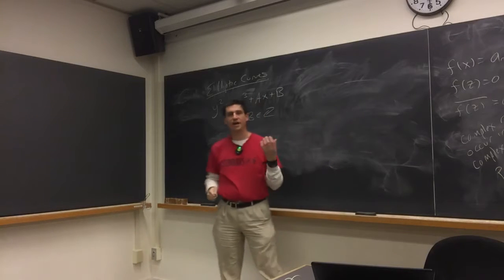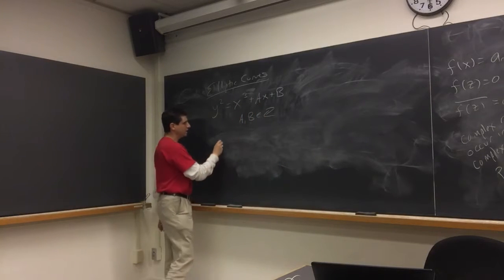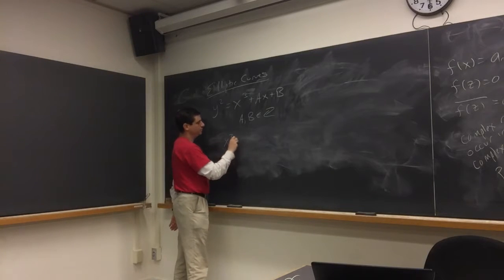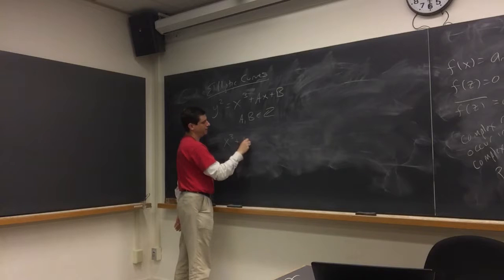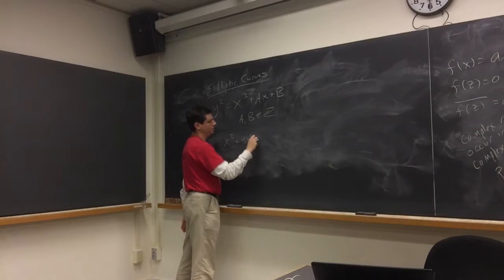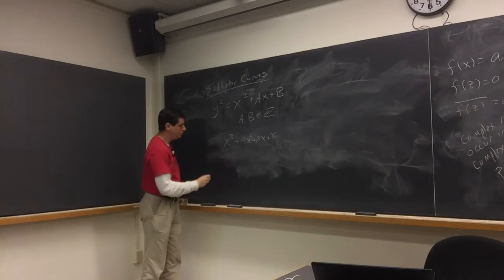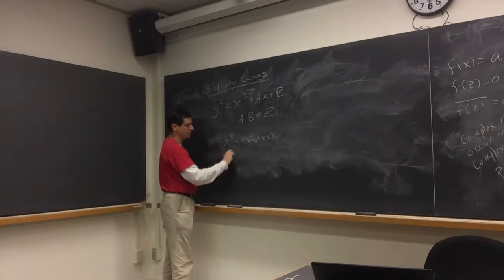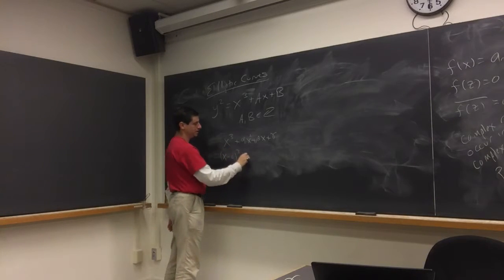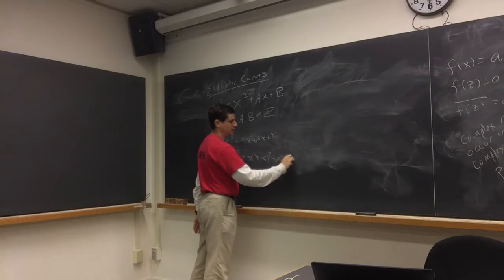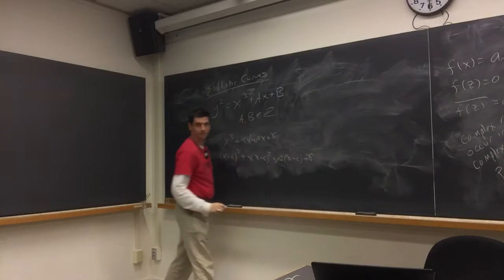What I can always do is, if I have an x squared term, let's say I gave you x cubed plus alpha x squared plus beta x plus gamma. What I could do is look at a new polynomial, (x minus c) cubed plus alpha (x minus c) squared plus beta (x minus c) plus gamma.